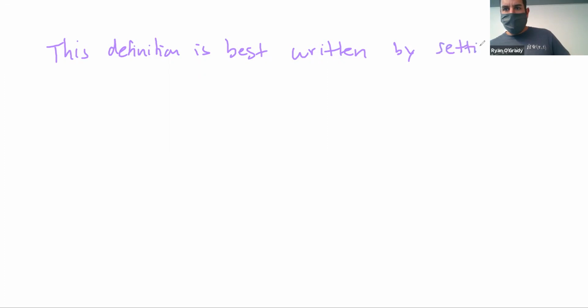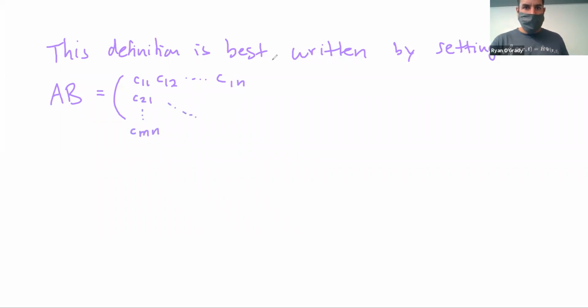So what we're going to do is we're going to set AB, that's the product, to some matrix C with entries C sub 1, 1, C sub 1, 2. Now, it turns out that C is also going to be M by N.